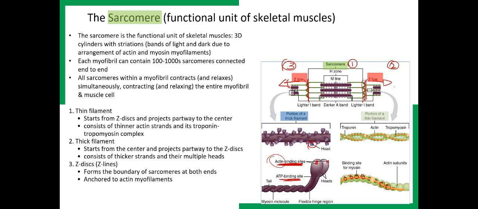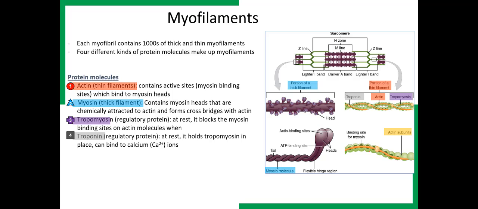At rest, what you can see is that these myosin binding sites are covered by tropomyosin. You see this long strand over here, that is a strand of tropomyosin. And then the tropomyosin is also held in place by these circles that represent troponin, right? So the troponin is the lock, the tropomyosin is the one that actually covers the myosin binding sites. If you go to the next slide, you can see the myofilaments are listed over here.